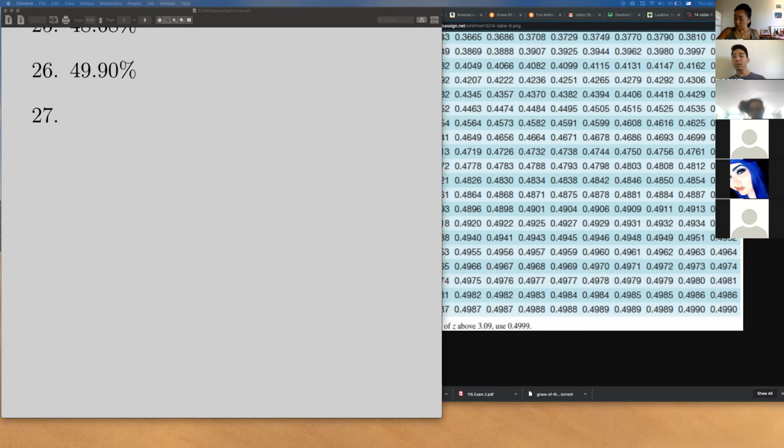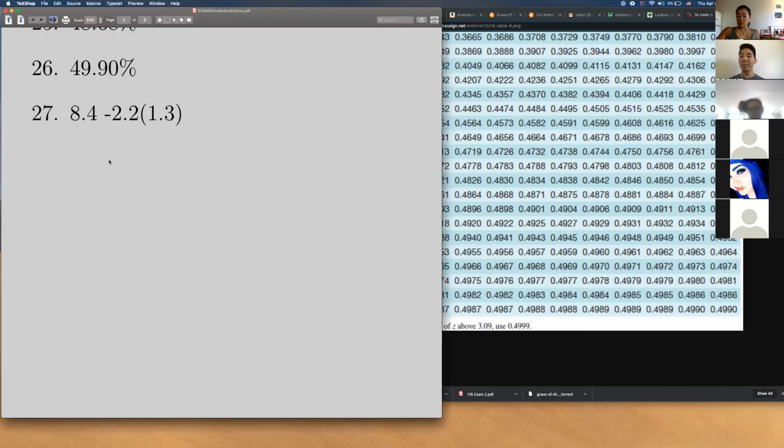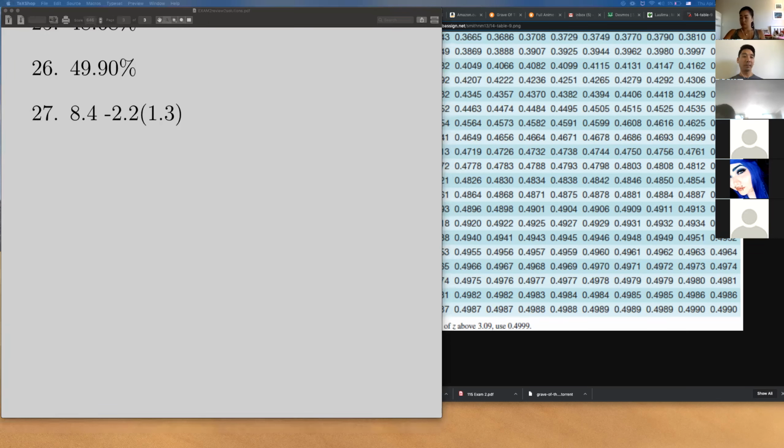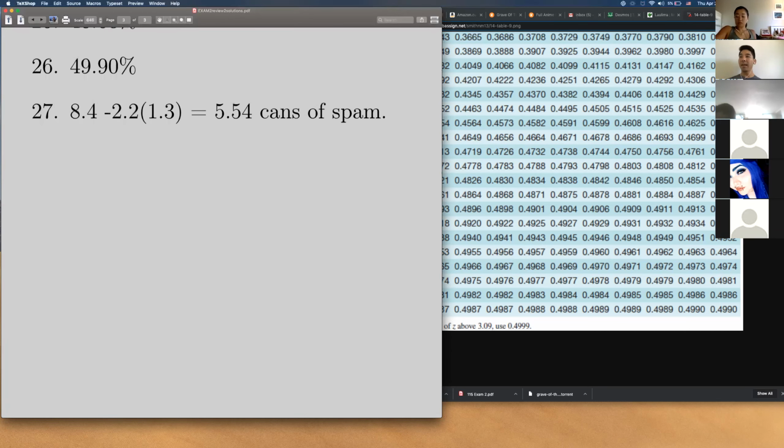So 8.4 minus 2.2 times 1.3 standard deviation, right? And then you just plug that in and chug it out, and you should get 5.54. So about 5.5 cans of Spam.